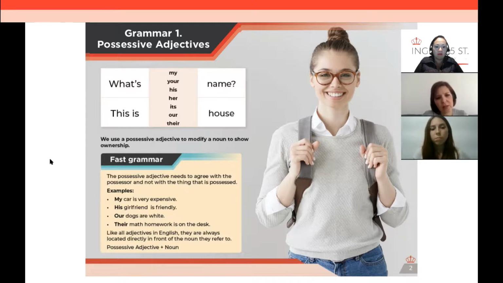Like all adjectives in English, they are always located directly in front of the noun they refer to. Possessive adjective plus noun. So when we are using the possessive adjective, the next thing that we are going to write is a noun. My car, their pen, his house, their chairs. Next to the possessive adjectives, it will be the noun.